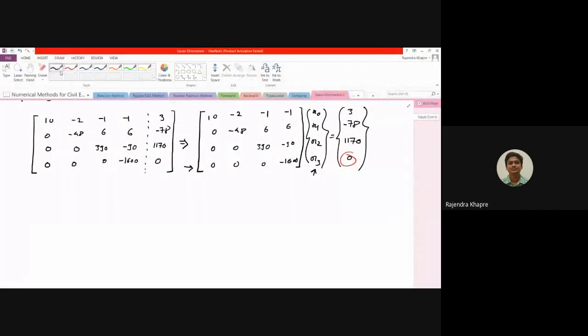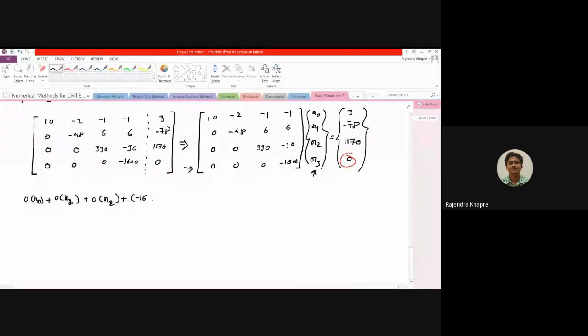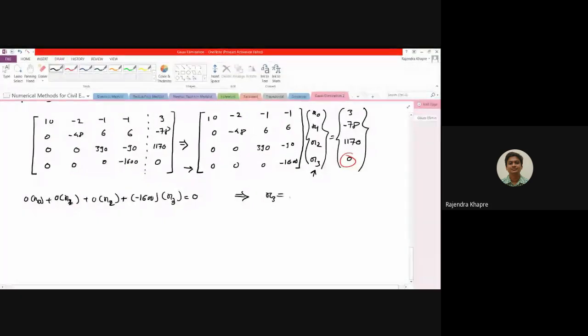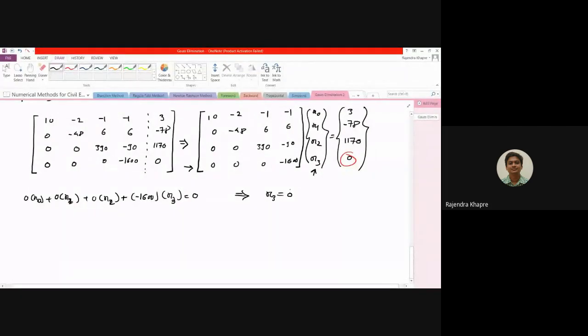If I write the expression, this will be 0 times x0, 0 times x1, plus 0 times x2, plus minus 1600 into x3, which should equal 0. If you solve this, x3 becomes 0 directly, so there is no need of doing calculations.